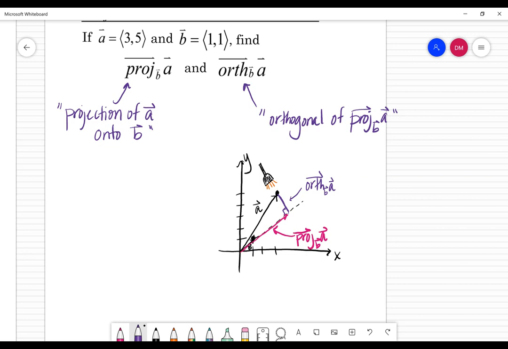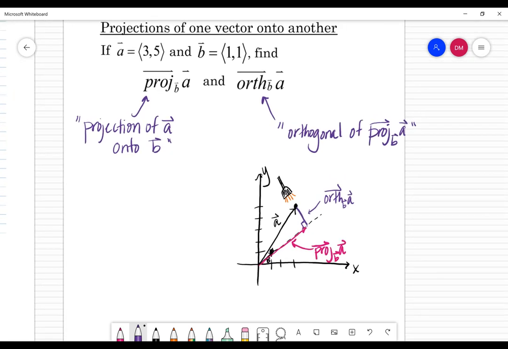So then how do we figure out what that is? Well, there's a little bit of a formula. Let me give you the formula to find the projection. Finding the projection of A onto B, what I am doing is taking the dot product of A and B divided by the magnitude of B squared.